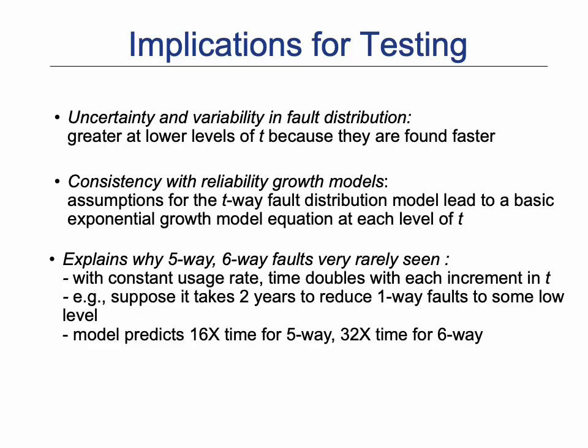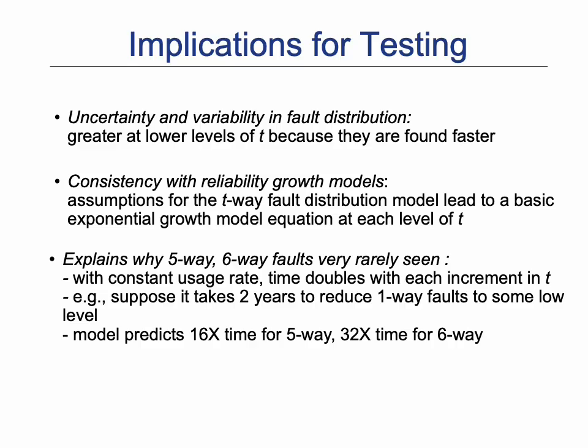So what does this model approach mean with respect to testing? Some interesting points. The first is that it does reproduce the uncertainty and the variability of the distribution of faults. The lower-level values of t, single factor and two factor, have a greater variability because they're found more quickly.